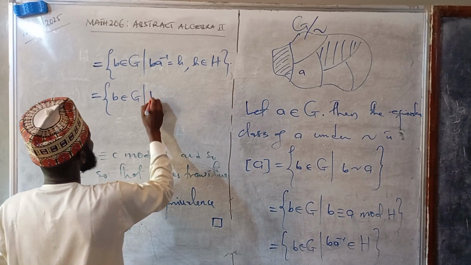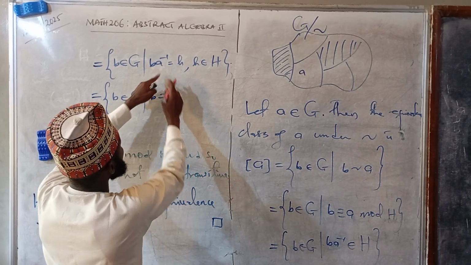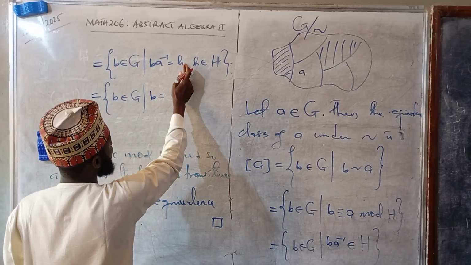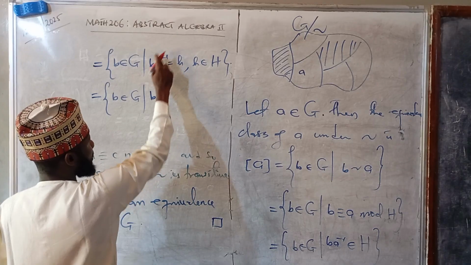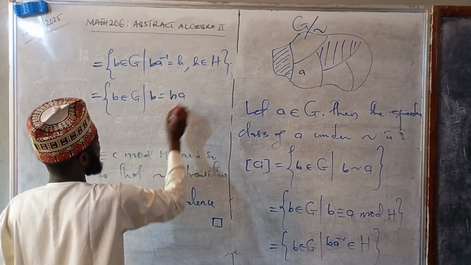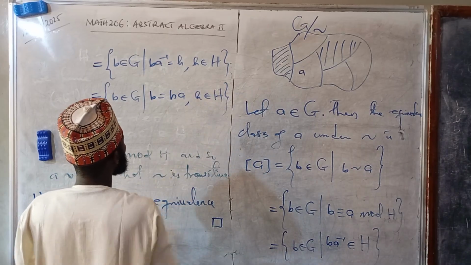And so here you say B is equal to what? You can do right cancellation. You multiply here with A and multiply here with A, then you have B, A inverse times A, that will cancel A. So you have h times A, where h is an element of H, the subgroup.